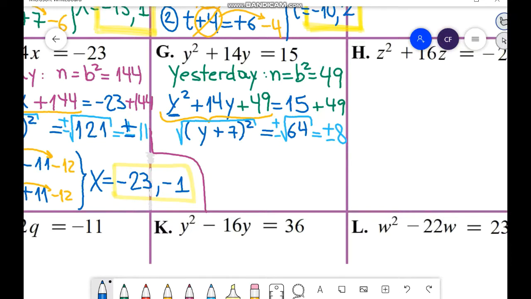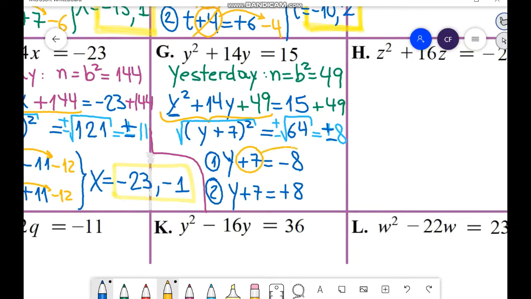Now we can write down the answers. We have two answers, two solutions. The first one is y plus 7 equals negative 8. Second one, y plus 7 equals positive 8, right here.